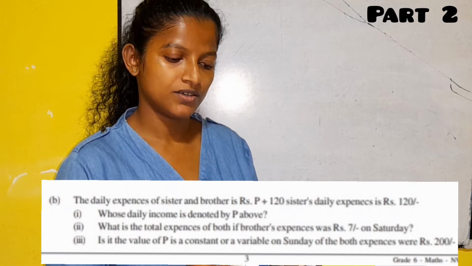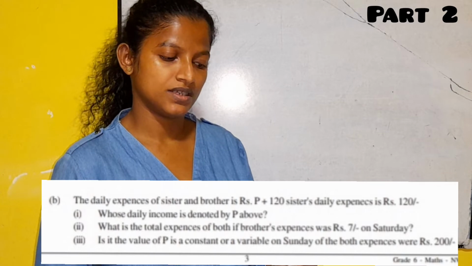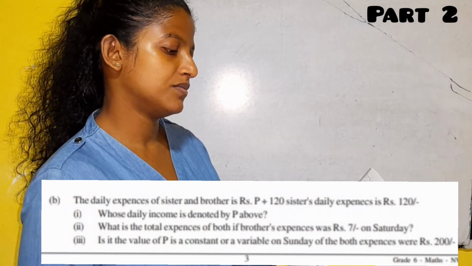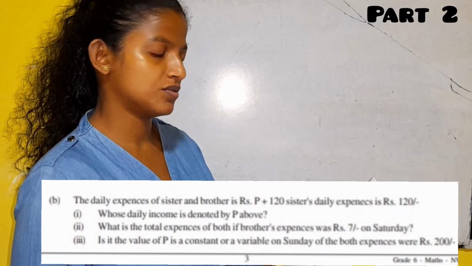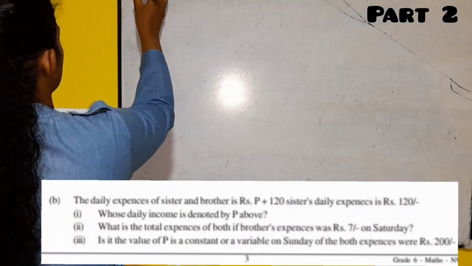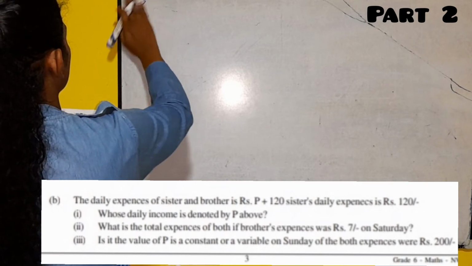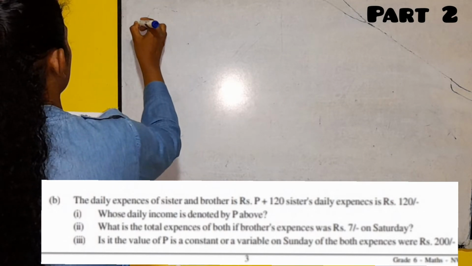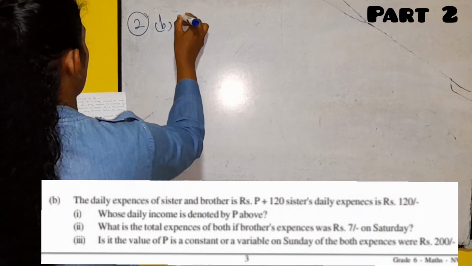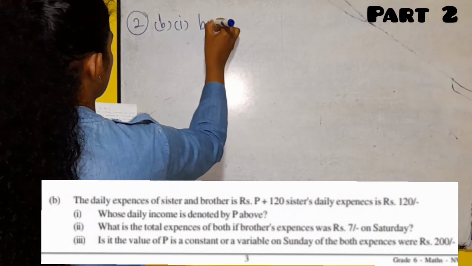If 120 rupees is the sister's, the value denoted by P goes to the brother. So the B part, first answer is brother's.